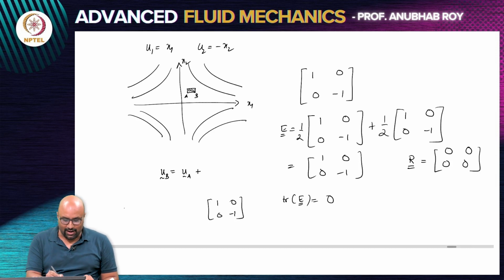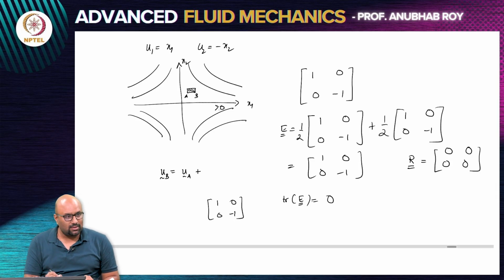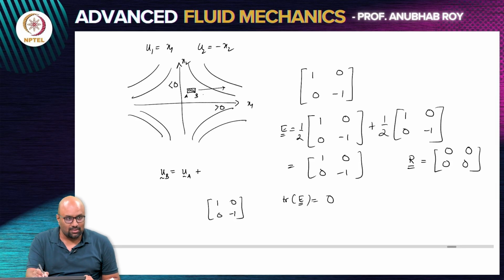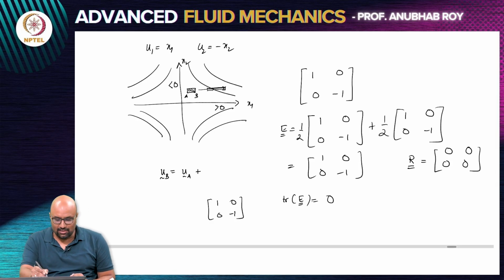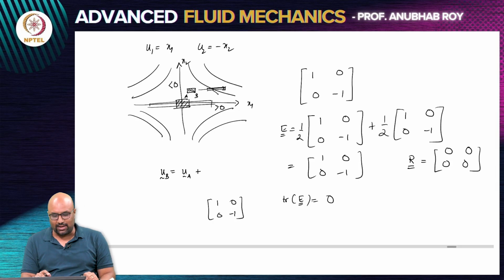The eigenvalues are positive along x1 and negative along x2. So, the patch is going to translate, but it is also going to get thinner. A square patch at the origin is going to become a thin rectangle which is pulled along the x1 axis.